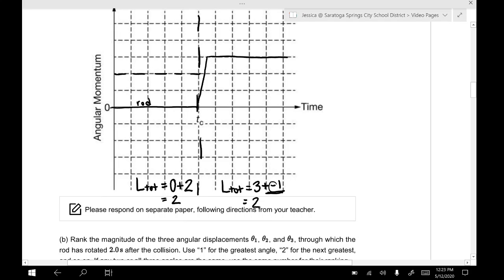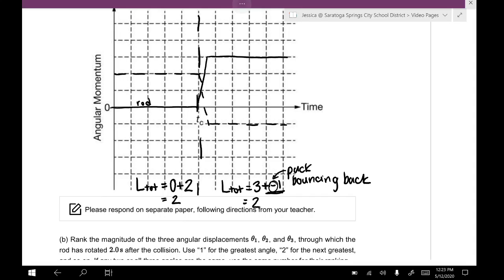Which makes sense because this negative means that the puck is bouncing back. Okay, so I'm going to make sure that the collision occurs over the same time period, and then the puck moves backwards with an angular momentum of -1.